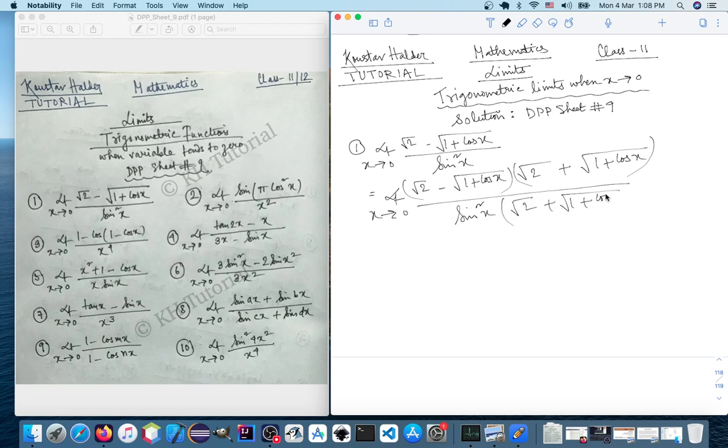So we have this, and after rationalization, the numerator becomes 2 minus 1 plus cos x divided by sine square x, and we have this term.